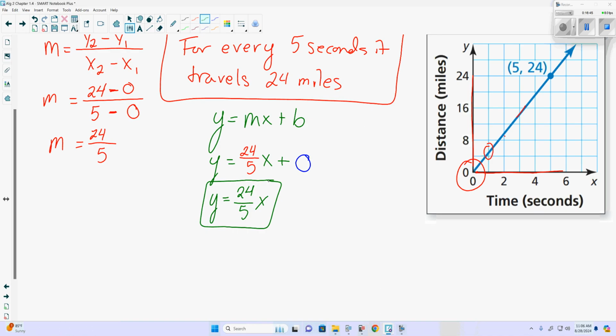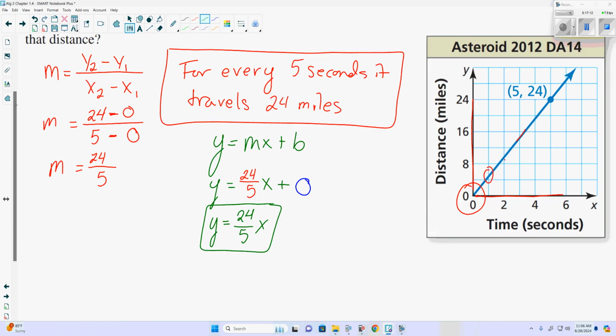Questions on this here? All right. We ready for the last part? Yes? So the last part was asking us to determine how long it would take to travel 17,200 miles. Yes?